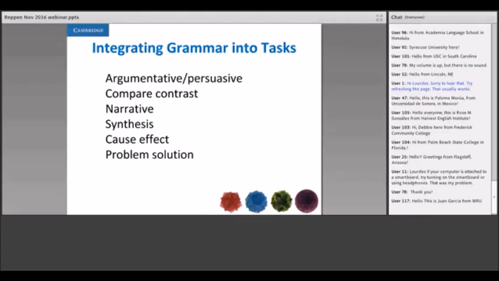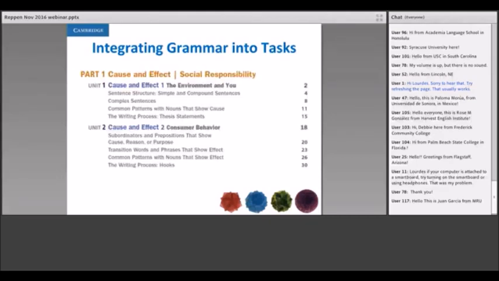So as we look at these tasks, I think we often think about grammar and we tend to cover grammar as a single topic. We might spend a class period on present perfect, or we might spend a class period looking at passive voice.